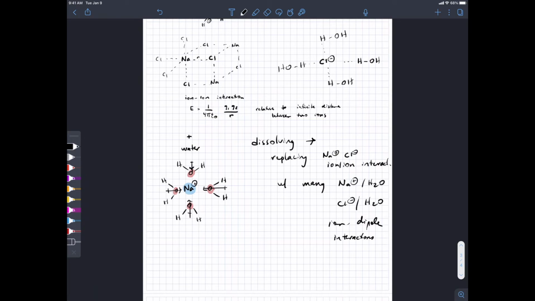Does that make the interaction with one water less powerful or more powerful? Right. That's an interesting question. You could imagine a single sodium ion interacting with a single water molecule. What is the strength of that interaction per water versus having multiple water molecules? I don't know. It's a good question.